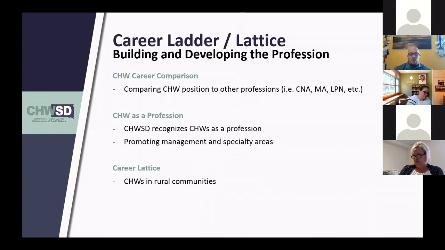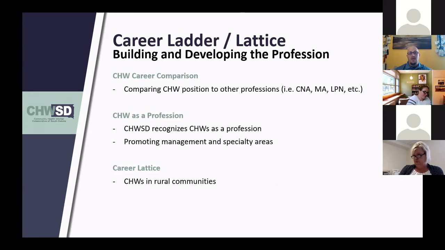So ultimately what we want is community health workers to be able to work within organizations and not take over other positions. And so this comparison will really provide more information as far as the scope of work for similar positions or professions and how community health workers can work and enhance the work that those individuals are already doing.